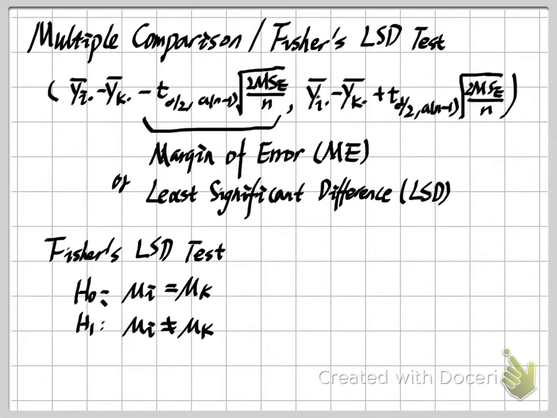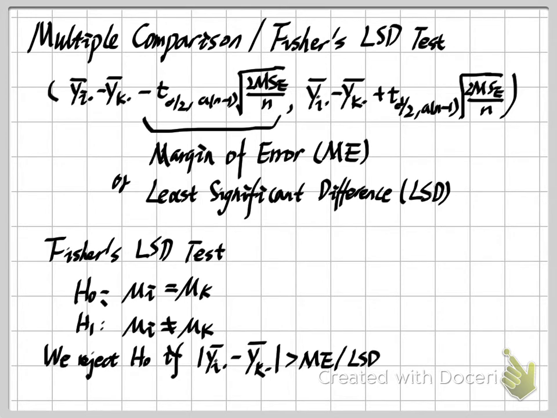Our conclusion is we can reject H0, the null hypothesis, if the absolute value of yi dot bar minus yk dot bar is greater than our LSD or ME, no matter which one you call it. So this is a way for us to do a hypothesis test using a term from the confidence interval.